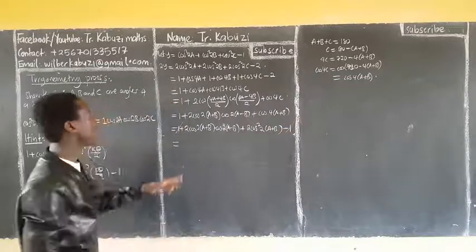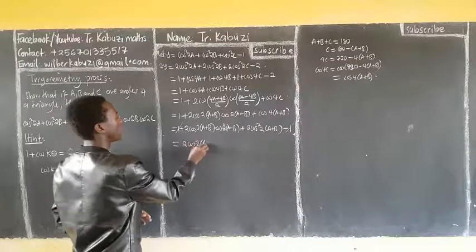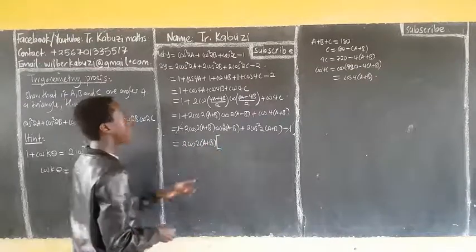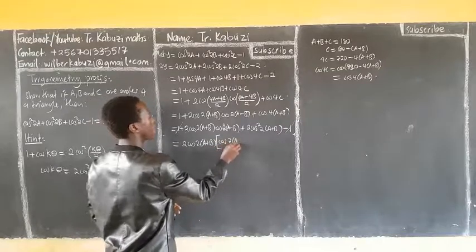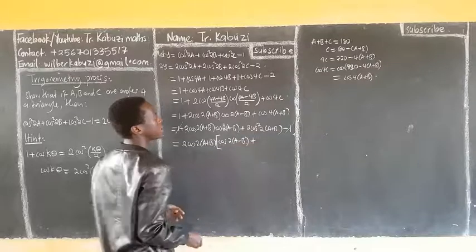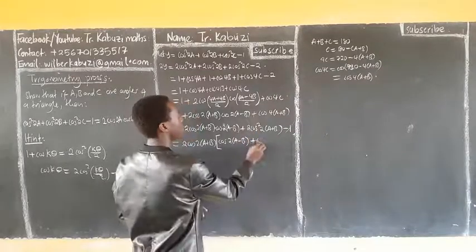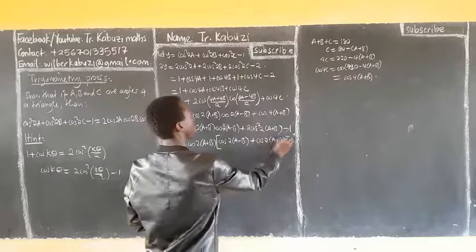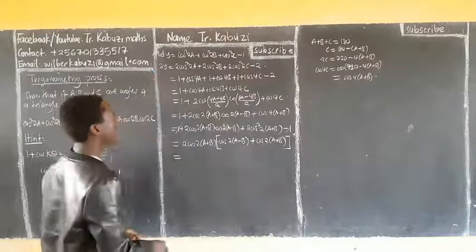So now I'll be having 2 cos of (A plus B) common. In brackets, I'm going to be adding cos of 2(A minus B), then plus, when I move 2 cos, remember these are 2, I'll be remaining with 1. Okay, so from here, remember that all of this is equal to 2y.